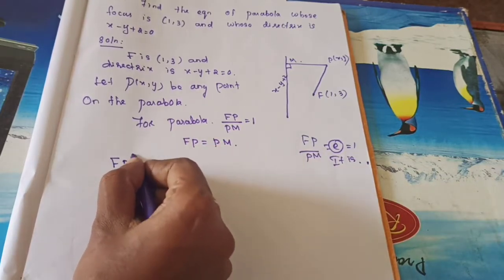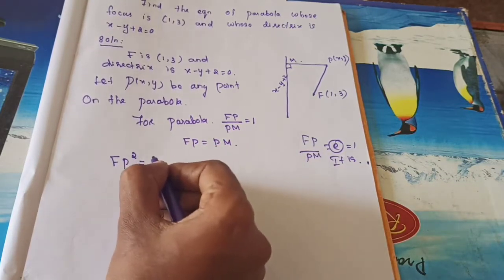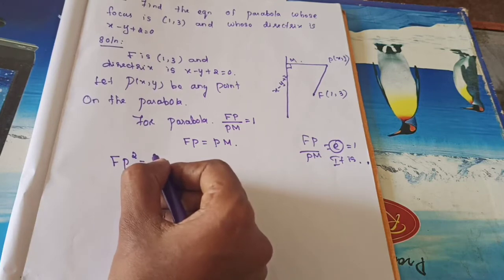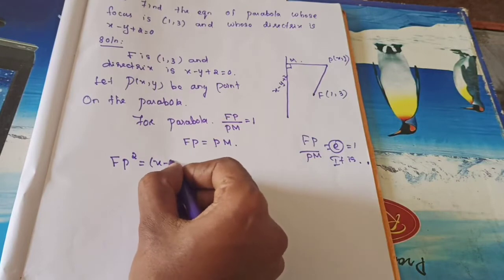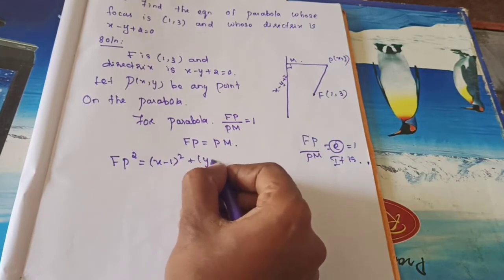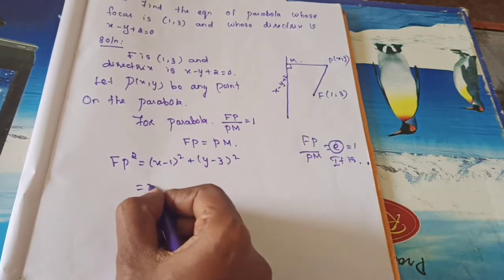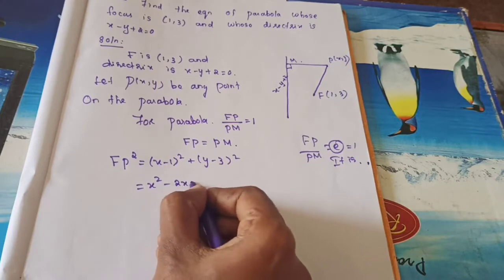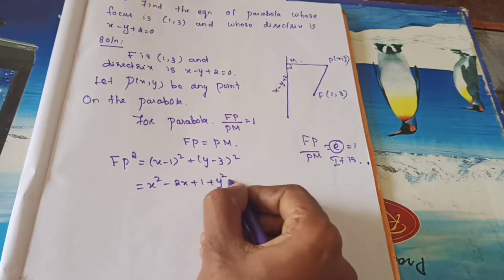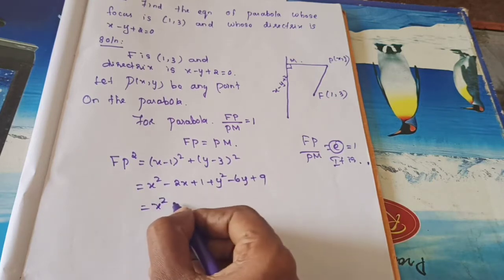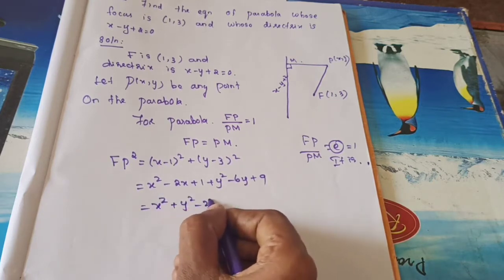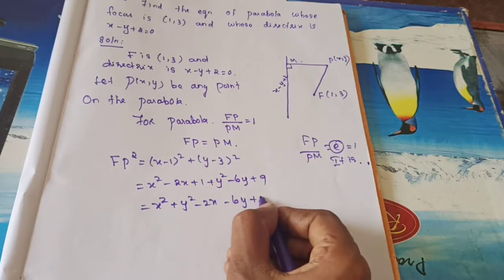Now you can find FP square using the distance formula. FP square is (x minus 1) whole square plus (y minus 3) whole square. Simplify: x square minus 2x plus 1 plus y square minus 6y plus 9. Simplify: x square plus y square minus 2x minus 6y plus 10.